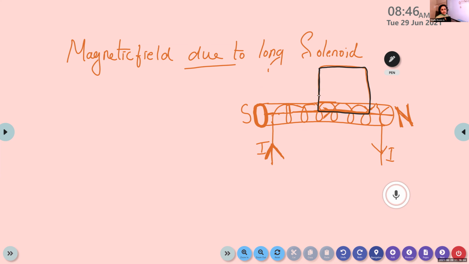In order to apply this law, we need an amperian loop, that is a closed surface. And here we consider a square ABCD as our amperian loop.